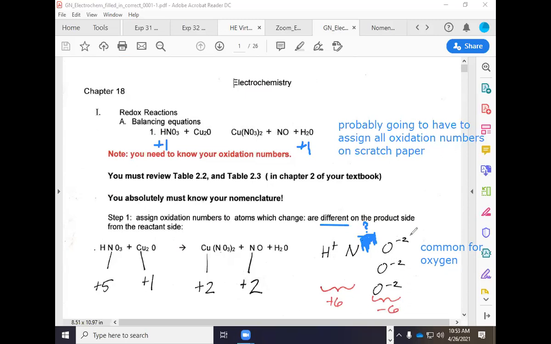We add all of them up, and we get a -6. If the negatives are -6, then this has to be a +6. We already know this is a +1. So what must this be in order to add up to +6?